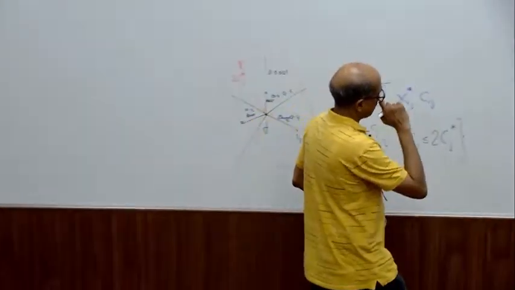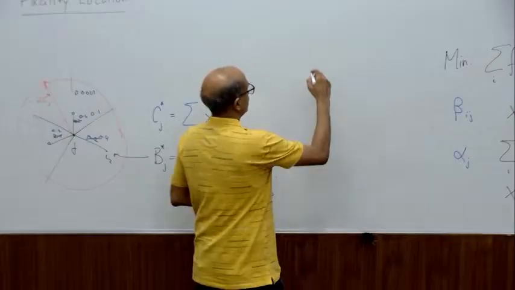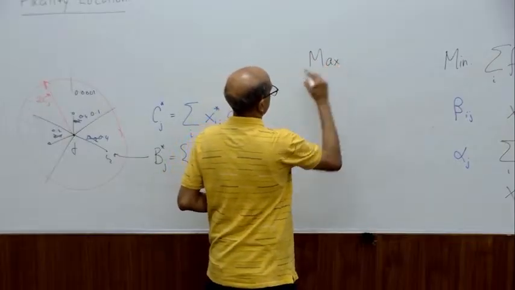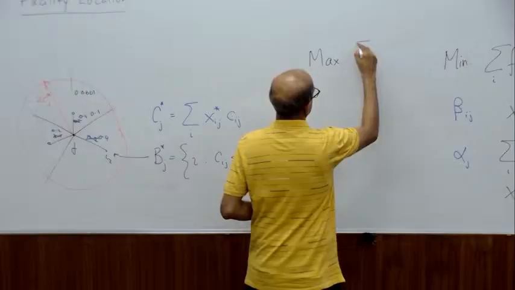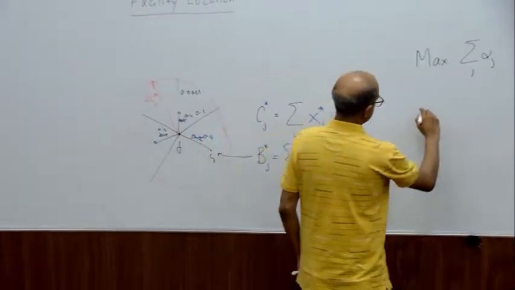But let us see what it's saying. Okay, so this is minimization. So that's a maximization. Okay, and because I have seen this so far many times, so I'll just write it down directly. But you can do this on your own.